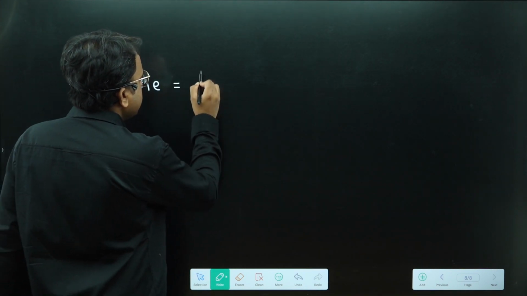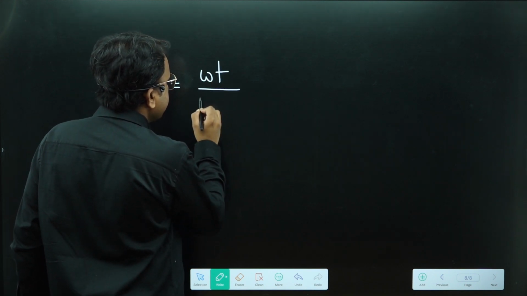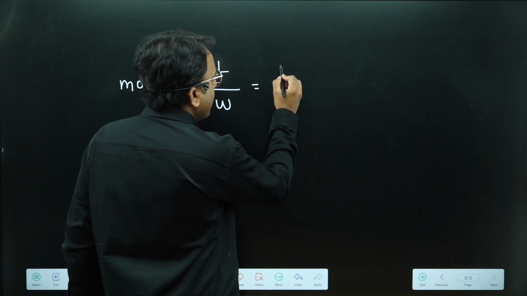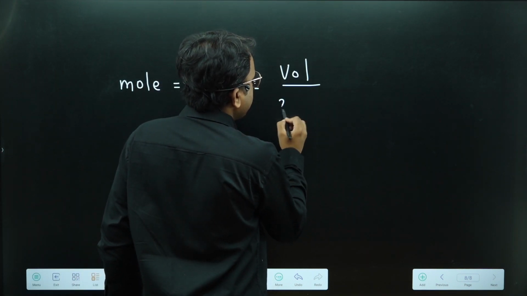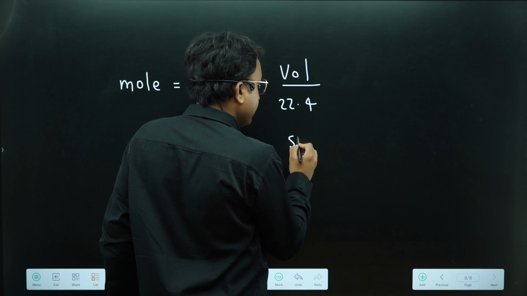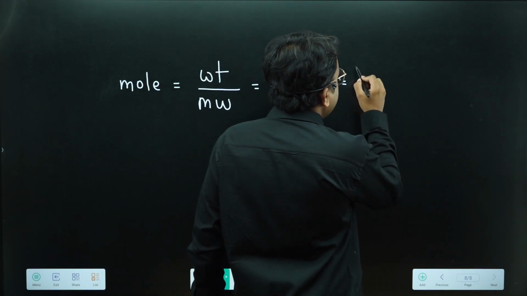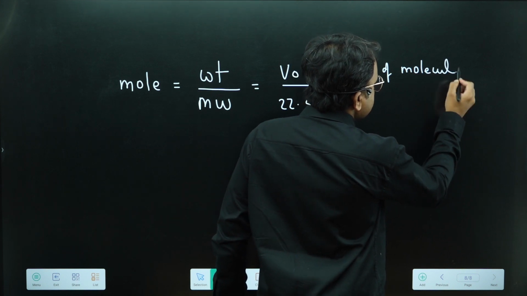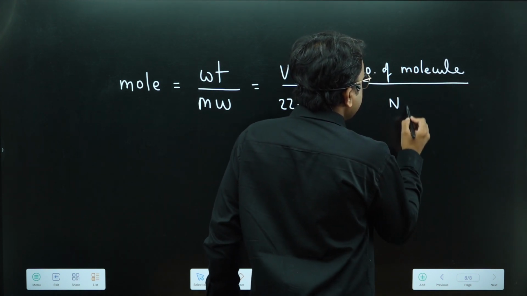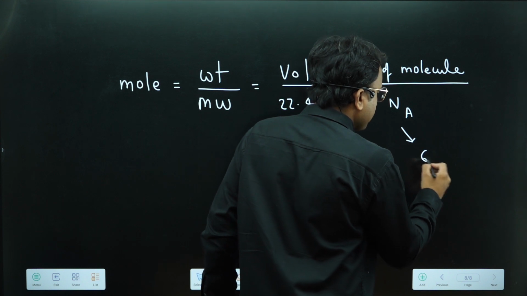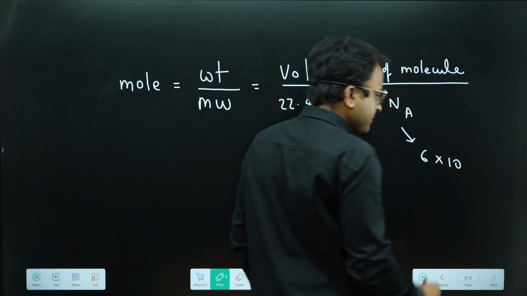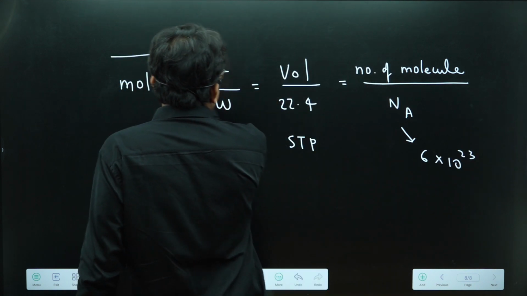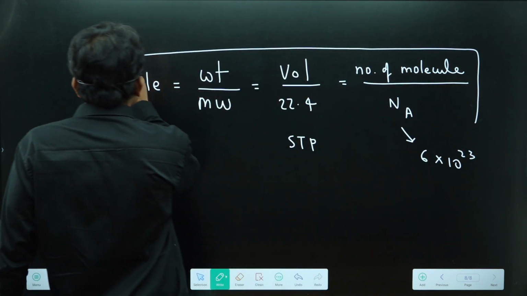Mole is weight divided by molecular weight, volume divided by 22.4 at STP, and number of molecules divided by Na. Na is Avogadro number. Take Avogadro as 6 into 10 raised to the power 23 for calculations.